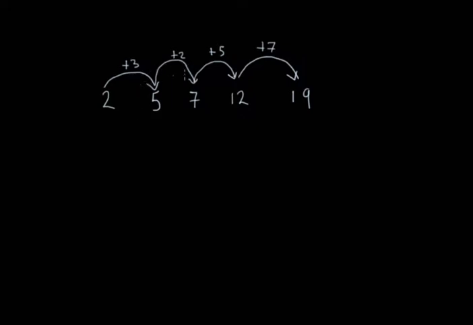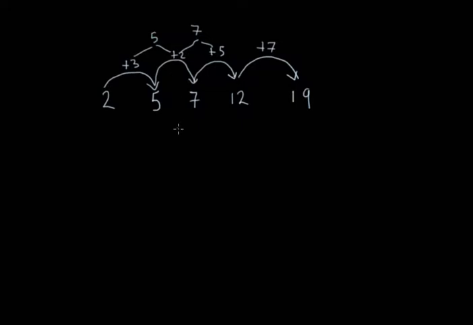This is quite a strange sequence. It doesn't seem to make any sense. But let's look. If you add these two numbers together, we get 5. If we add these two numbers together, we get 7. The difference on each term is the two previous differences added together.